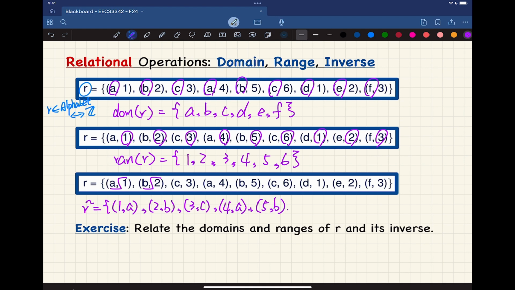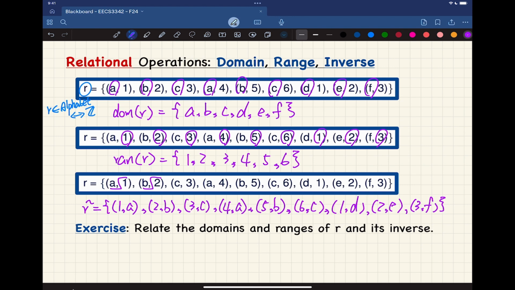I'll only do it once. 6C, 1D, 2E, 3F. That's the inverse. Very easy. But we can consider something that's going to require more insights into the understanding of these operators.